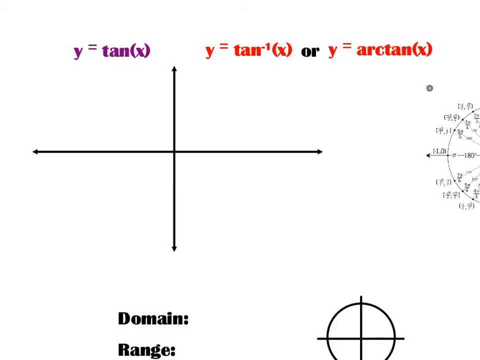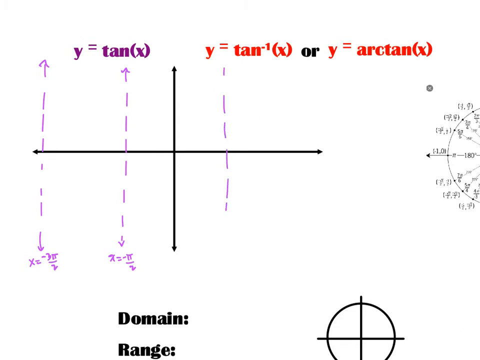Okay, so next on the list is tangent. Let's go ahead and graph tangent. Pull up a purple marker here. Recall that tangent had vertical asymptotes at x equals negative pi over 2. Way out here at x equals negative 3 pi over 2.